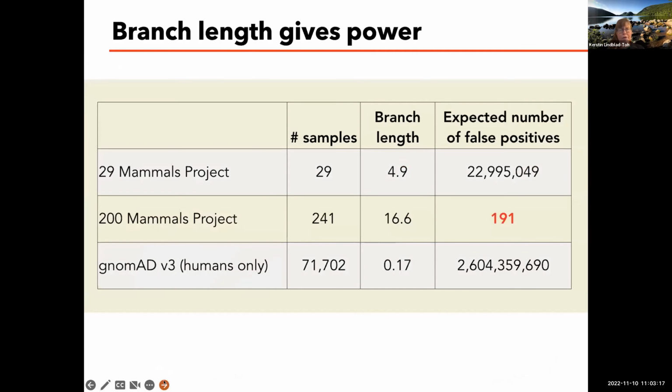So in 2011, we had a project called the 29 Mammals Project, where we sequenced 29 mammals and then looked across them for evolutionary constraint. And one of the key powers of evolutionary constraint is the branch length, which means that in the case of the 29 Mammals Project, we had a branch length of roughly 5 substitutions per site.